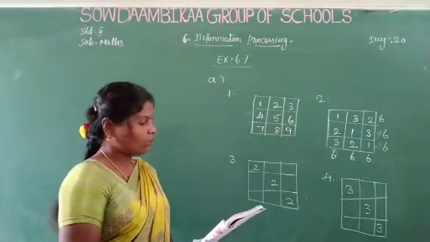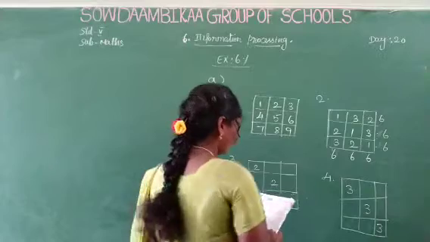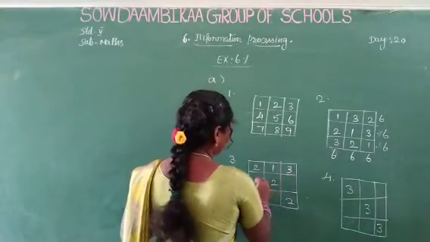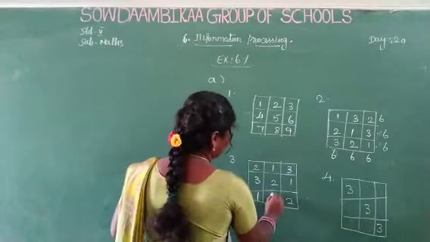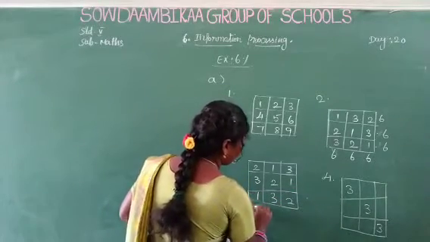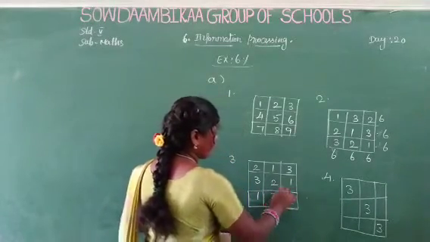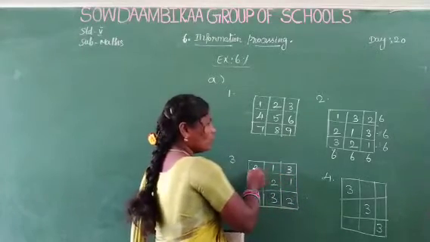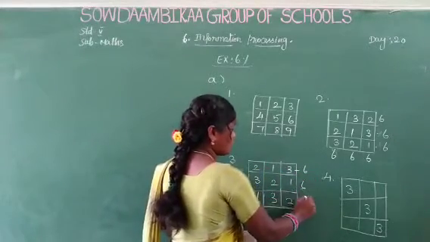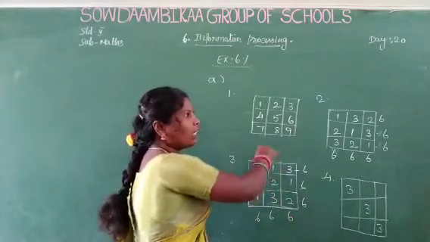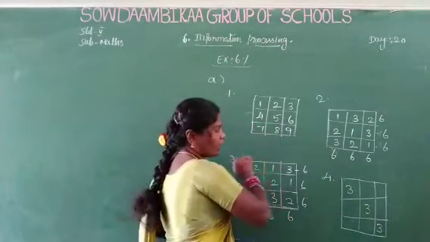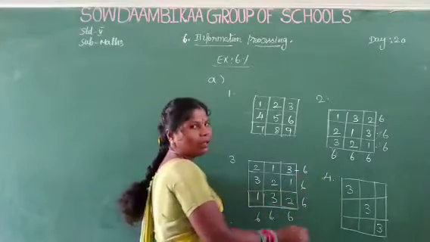Next, third sum. 2, 1, 3 and 3, 1, 1, 3, 2. The same type. 3 plus 2, 5. 5 plus 1, 6. The same 6. Okay, you add the horizontal square boxes and vertical square boxes, you get the same number.